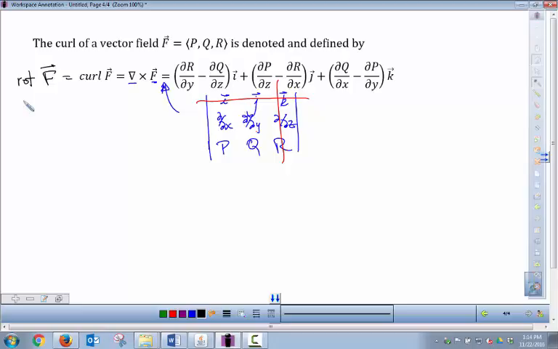This might be backtracking a little bit. If you go two-dimensional and take the determinant of that, it looks the same as Green's theorem.